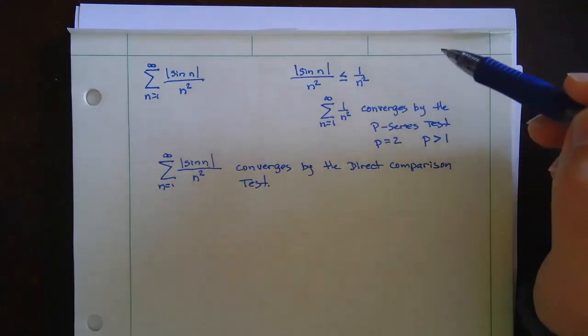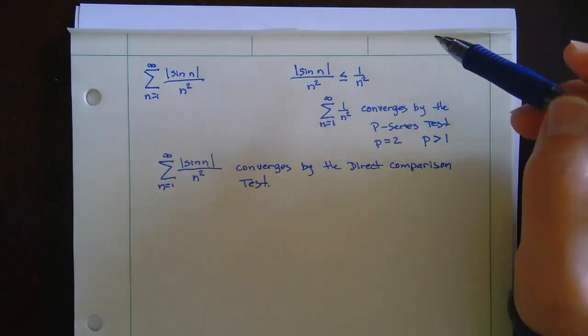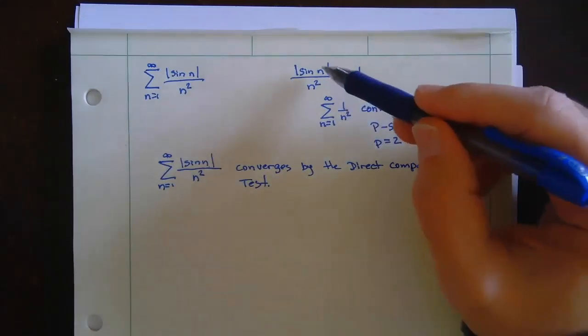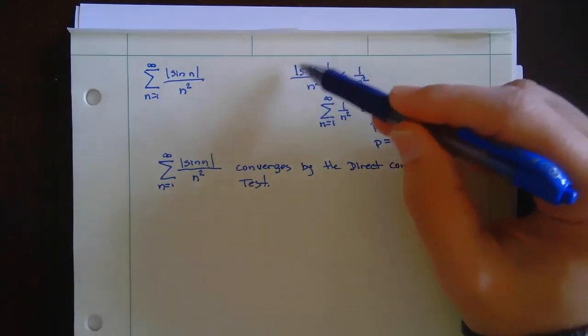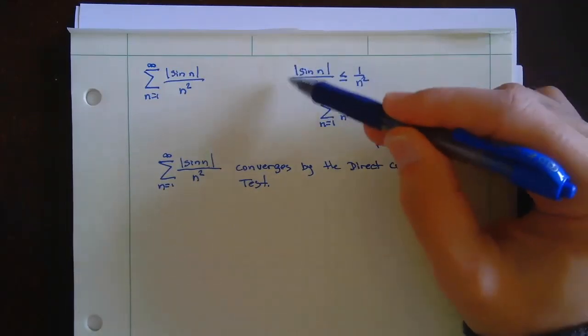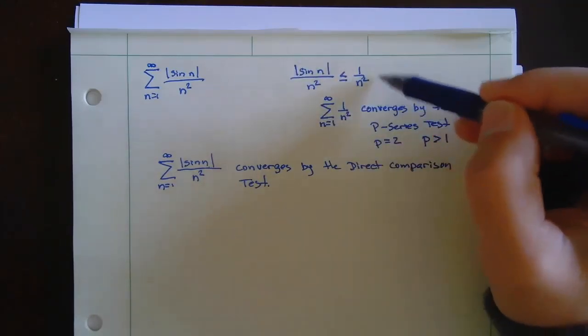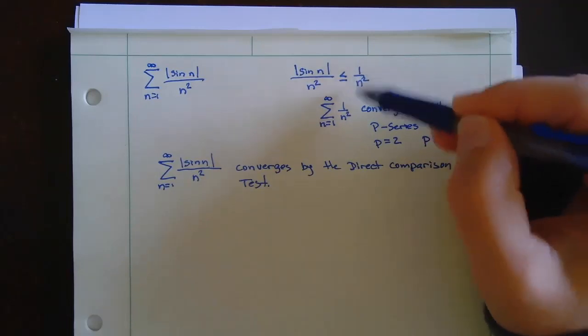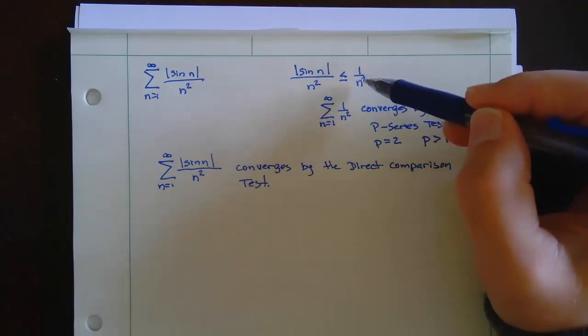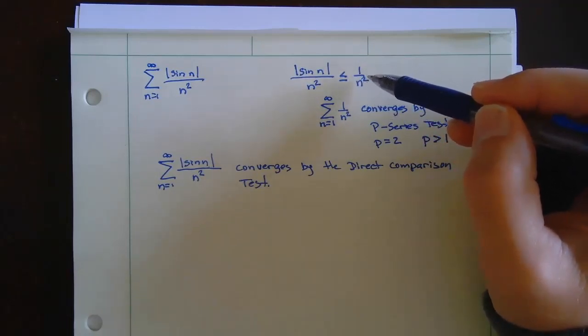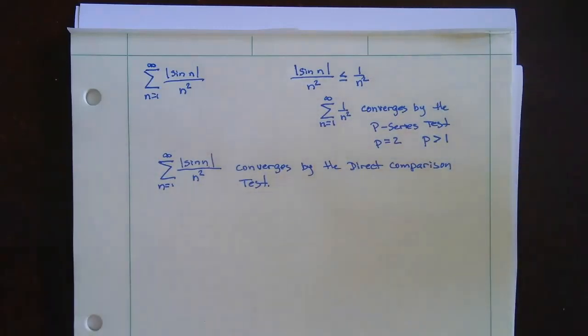Now, the divergence version of the direct comparison test is: if the smaller one that we know diverges, and the one we're looking at is bigger than it, then the one we have must also diverge. Okay, so now let's look at the next one.